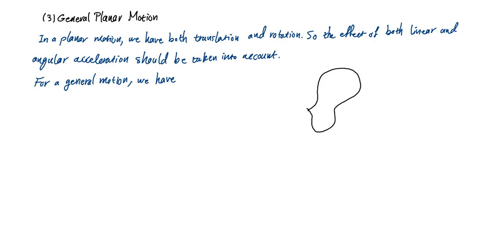Let me try it again. Not that it matters, it has a specific shape, but this is my rigid body, and it is under the effect of, let's say, a couple of random forces. I'll put some force here, F1, another force F2, another force F3, and etc. And it has some center of gravity. Let's put the center of gravity somewhere there. I represent the center of gravity with G.